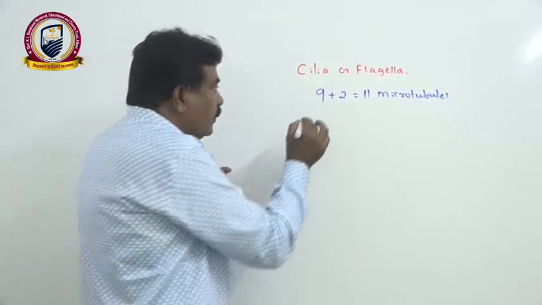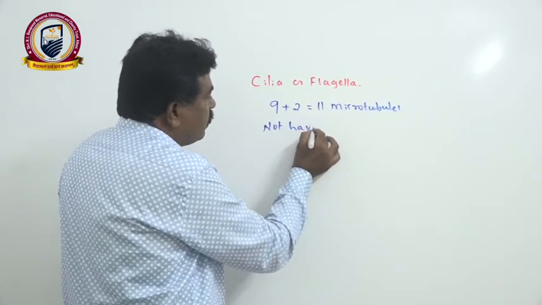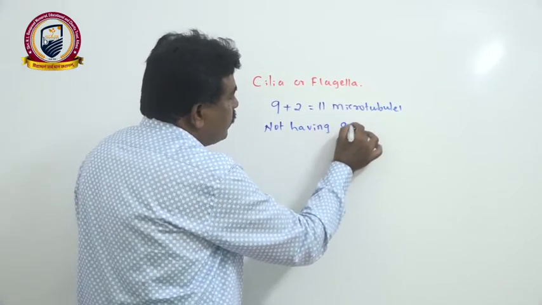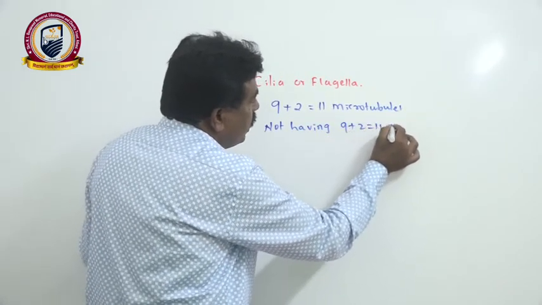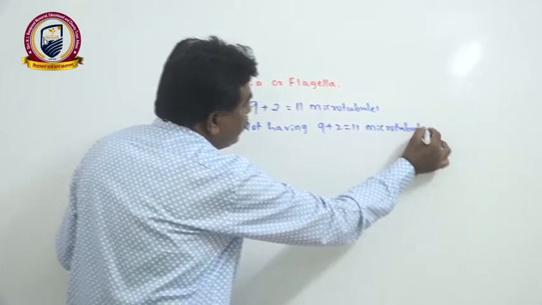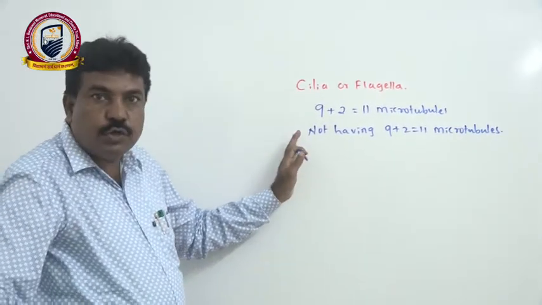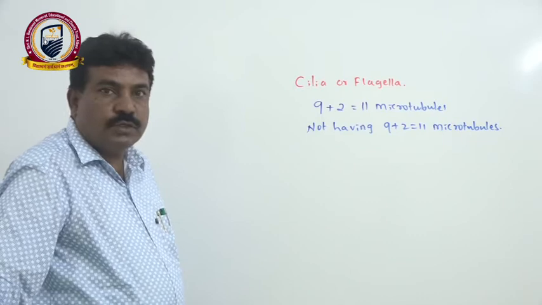Whereas in prokaryotes, there is no 9 plus 2 equals 11 microtubule arrangement. It is the only basic difference between a prokaryotic flagellum and a eukaryotic cilium or flagellum.